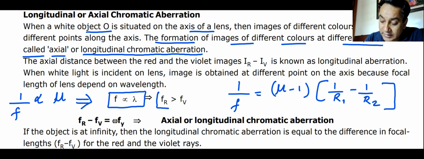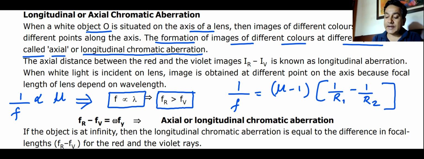Therefore, focal length for red light will be more than focal length for the violet light, and you can understand it in this way. Focal length of red light is more, so red light will get focus at a farther point, whereas the violet light will get focus at a nearer point.